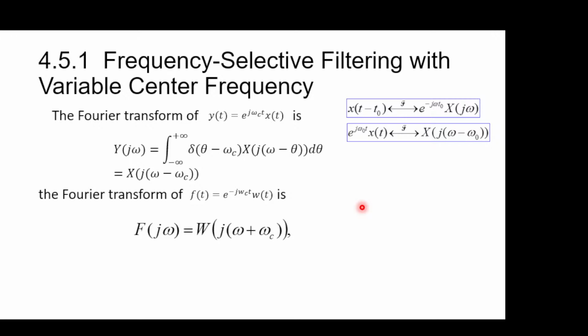Let's see this in more detail. As we said, multiplying with e to j omega c t should give you a frequency shift.